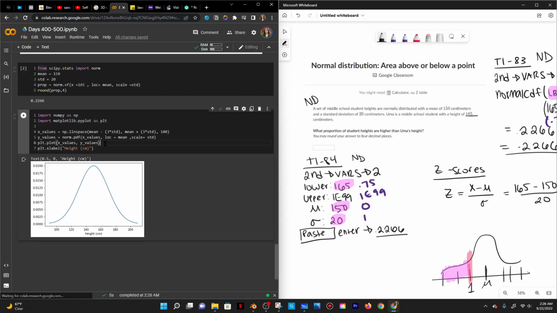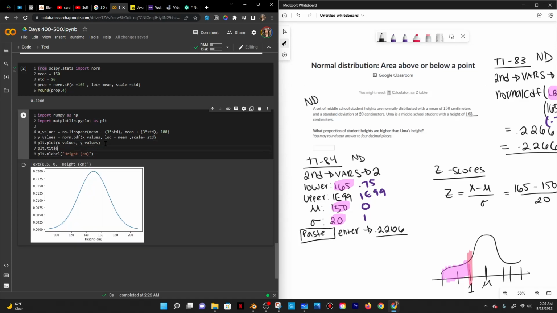And then plt.title is the normal distribution of middle school students' heights. And then this is making a space, and then I would say, with, hold up.